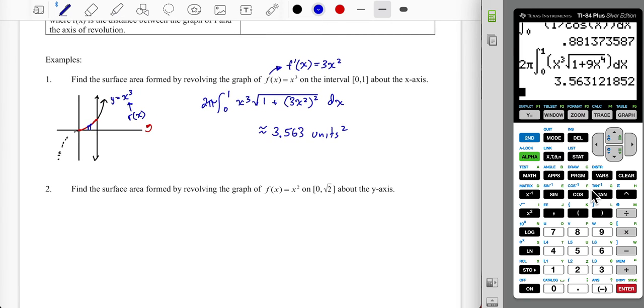All right. So for the next one, y equals x squared, spun around the y-axis over the interval of 0 to rad 2.